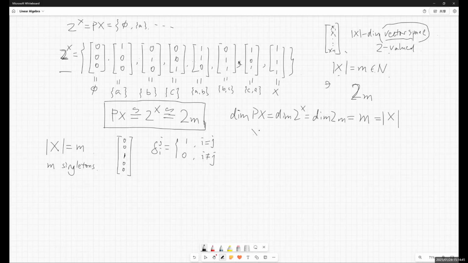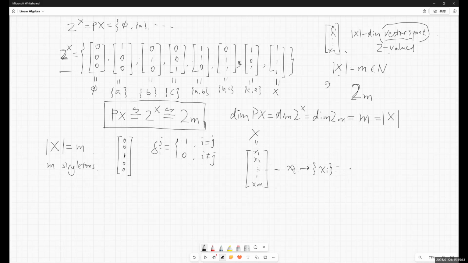Okay, so if we list the members of X as x1, x2, ..., xm, finite or infinite, any element xi can determine a singleton xi.